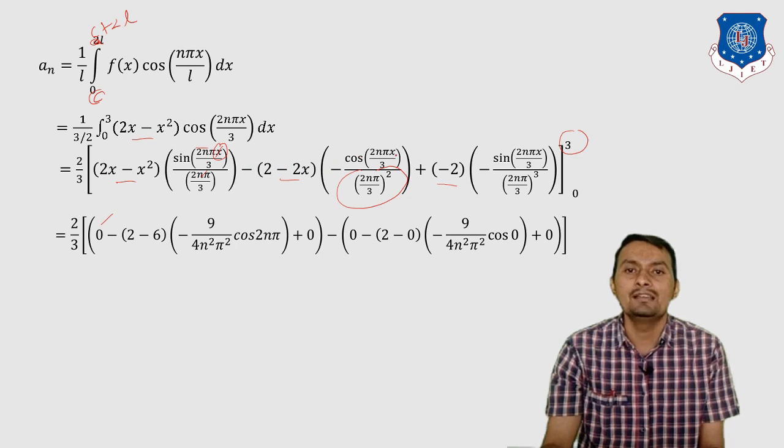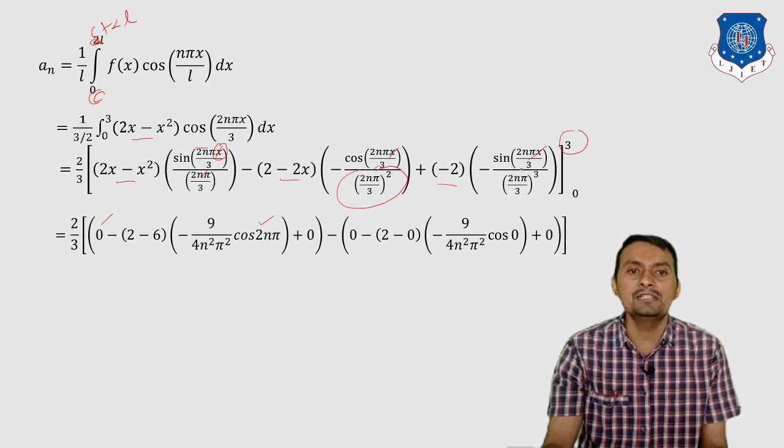Cos 2n pi into 3 divided by 3 will be eliminated, and we will get cos 2n pi. So cos 2n pi is there. But this can be written as minus 9 divided by 4n square pi square. If I put x is equal to 3, so 2 minus 6 is there. Again, x is equal to 3, so 3 will be cancelled out. So we get sine 2n pi, and that is what? Exactly 0.